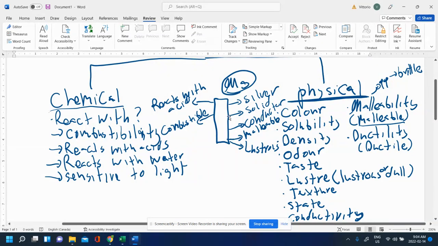And we listed a bunch over here. And then we saw chemical properties, which describe how the matter reacts with other substances or behaves on a chemical level. And that could be things like combustibility with oxygen, reacting with acids, water, how it reacts to light. And we saw an example with magnesium over here. So you should be able to identify and describe properties of matter, chemical and physical.